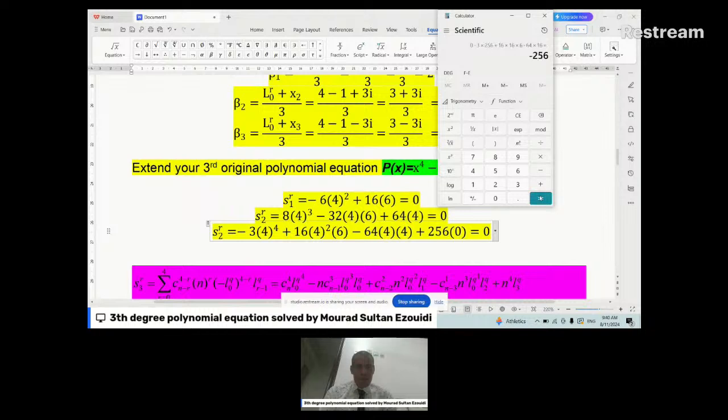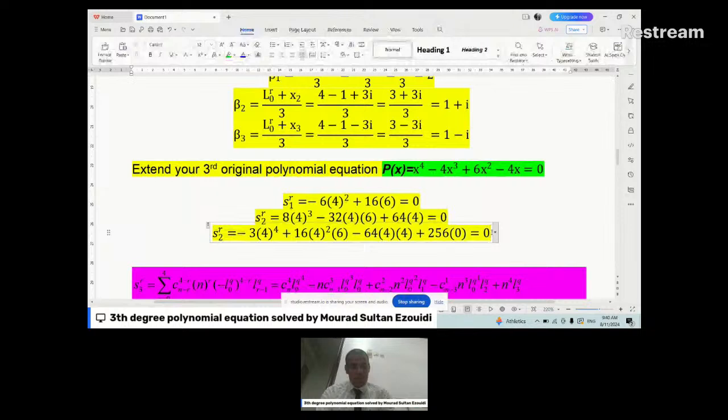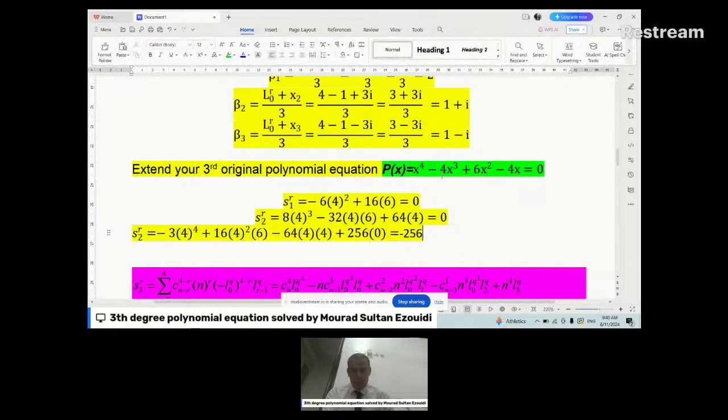This one is equal to negative 256. Therefore, now my new fourth degree polynomial equation can be written like that.